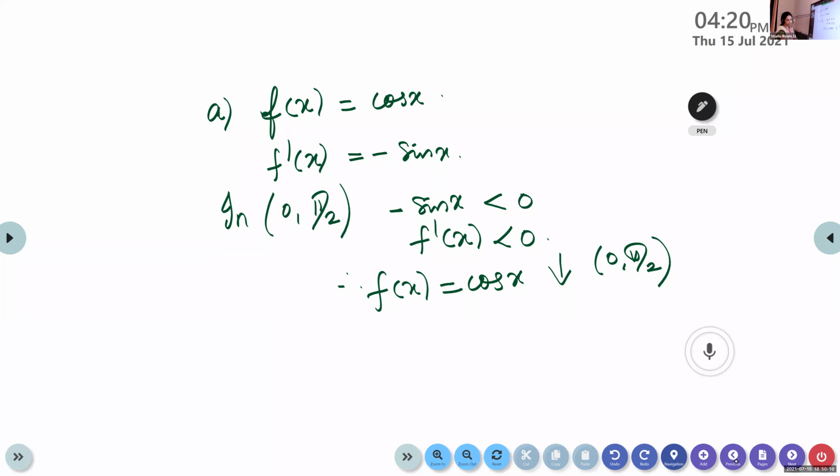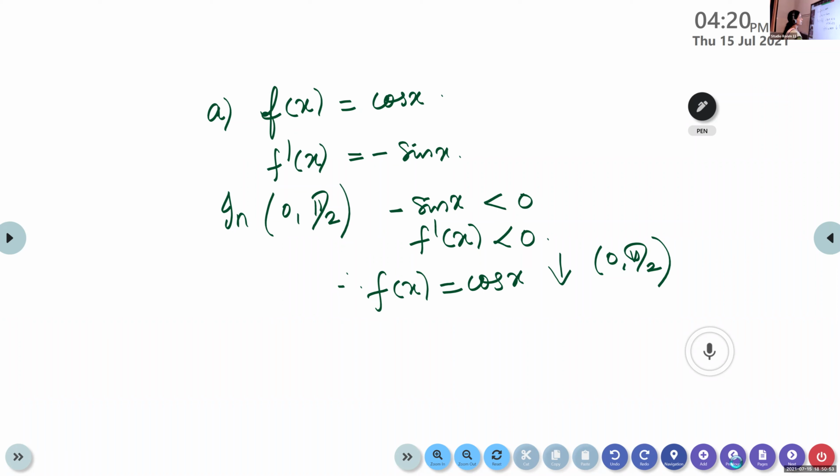Find the derivative and check how you will decide. Have the others completed this first part, children?